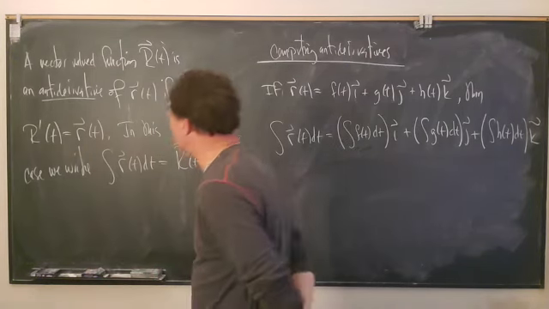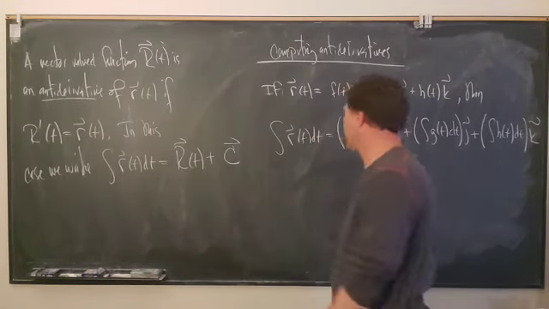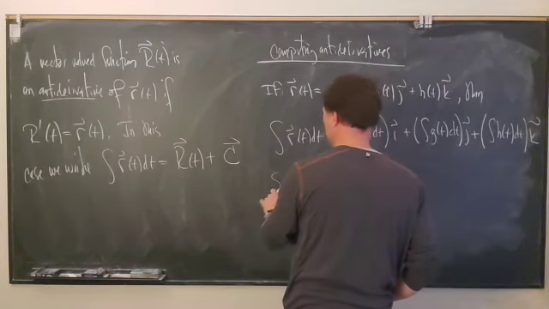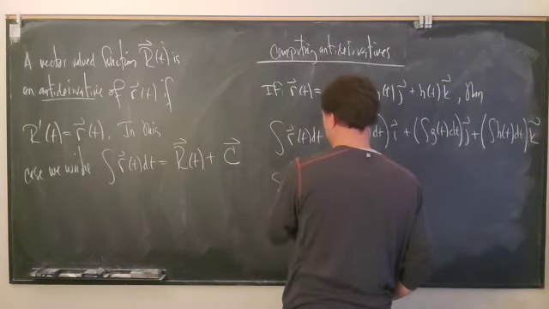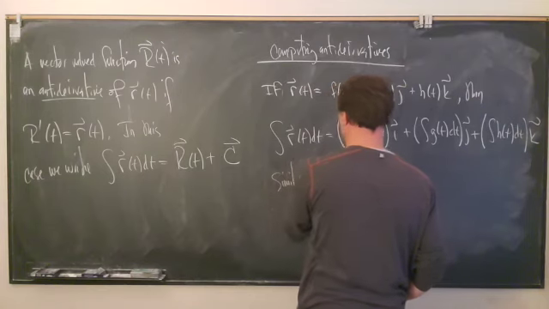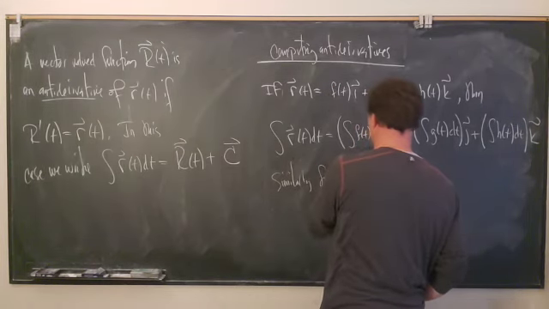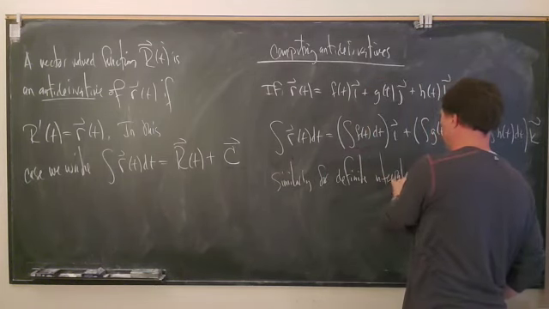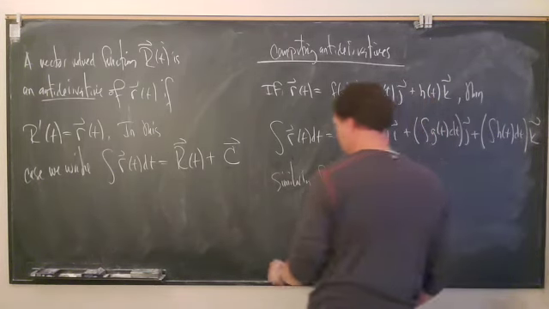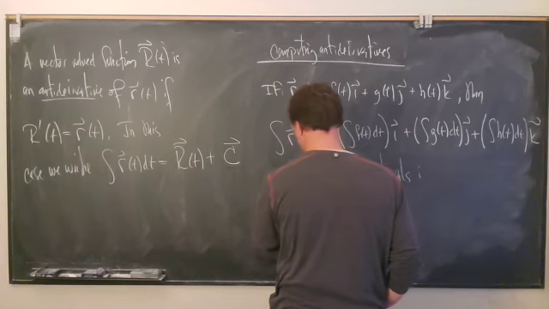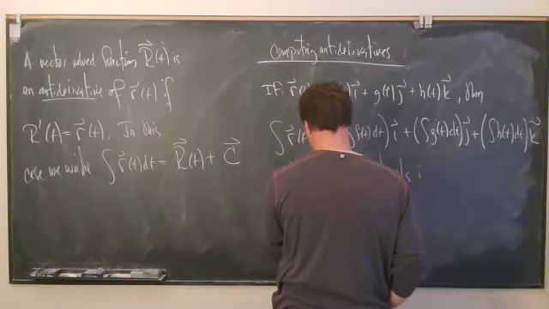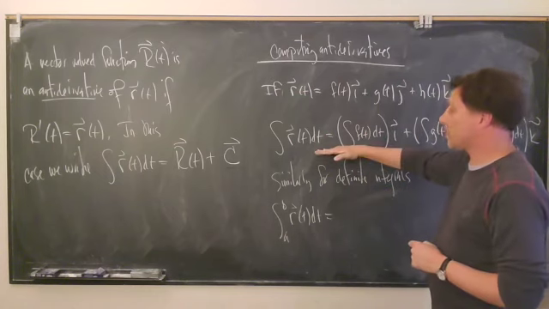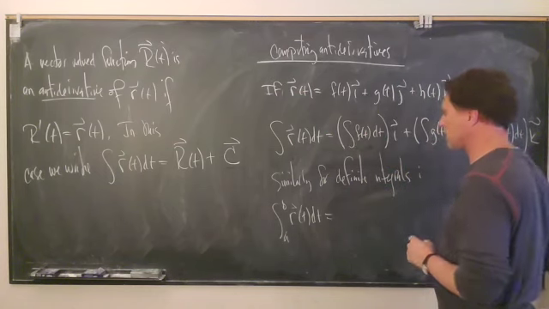And you can do the same thing, we can do definite integrals also. So let's say similarly for definite integrals. So the integral from a to b of r of t dt. I just want to get this down. I think everybody knows what's going to happen. Use this formula, but put limits of integration on each of those.